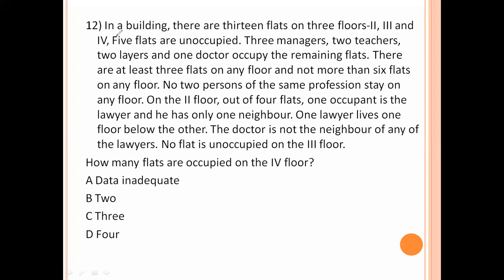No 2 persons of the same profession stay on any floor. On the second floor, out of 4 flats, one occupant is a lawyer and he has only one neighbor. One lawyer lives one floor below the other. The doctor is not the neighbor of any of the lawyers. No flat is occupied on the third floor. How many flats are occupied on the fourth floor? That is the question.